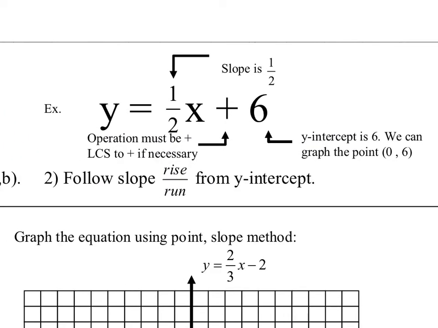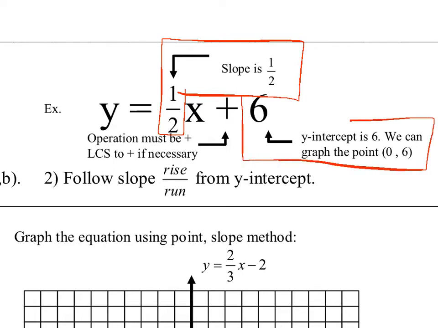As an example over here, just so we make sure that we're incredibly clear, I have an equation that's y equals 1/2 x plus 6. So m is 1/2, so that tells me that the slope is 1/2. My b over here has been replaced with 6, which tells me that 6 is my y-intercept.